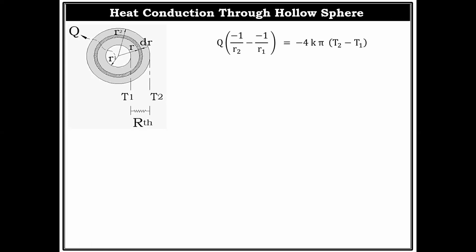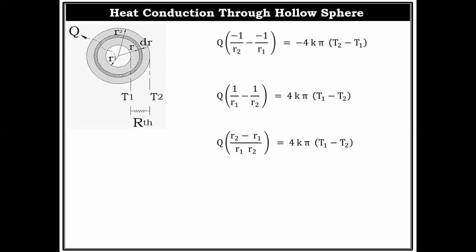Now here, minus of minus 1 upon r1 becomes plus 1 upon r1. So rearranging the equation, Q times (1 upon r1 minus 1 upon r2). On the right hand side we also take T1 minus T2, so the negativity gets cancelled and the minus sign is removed. So on the right hand side 4K pi (T1 minus T2).